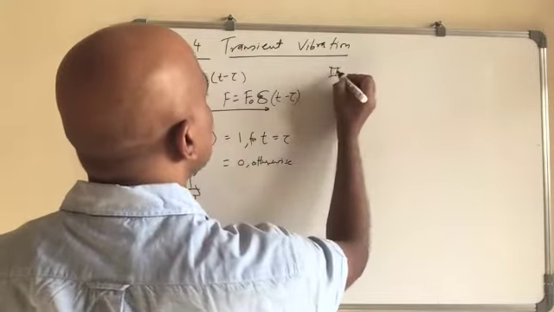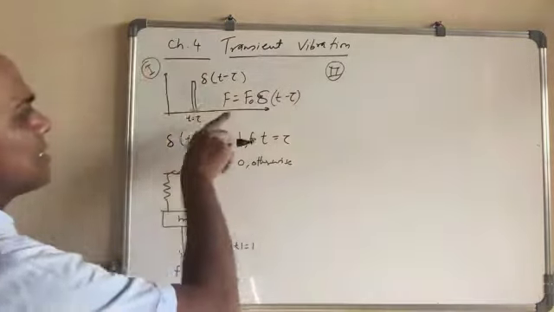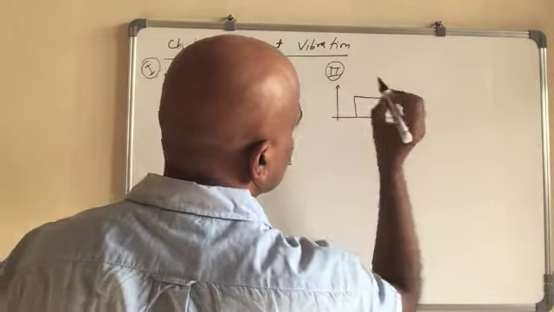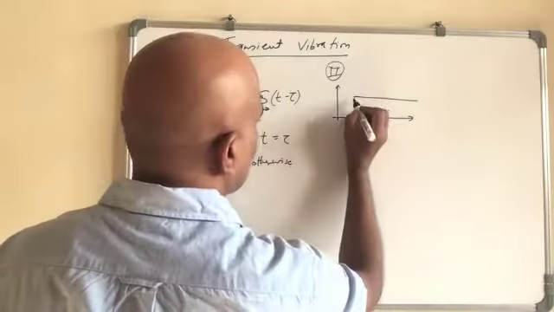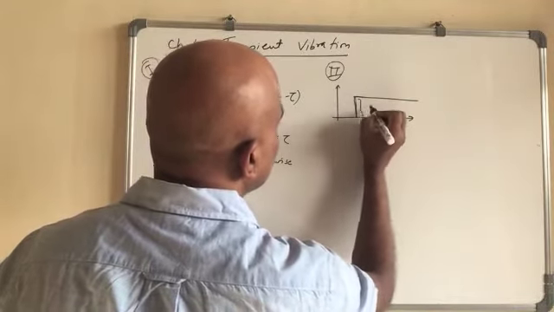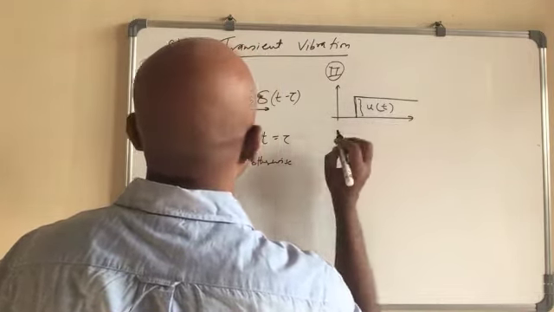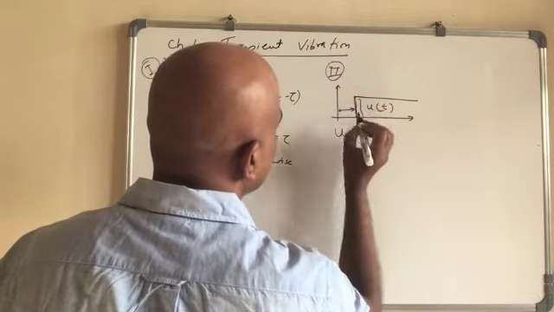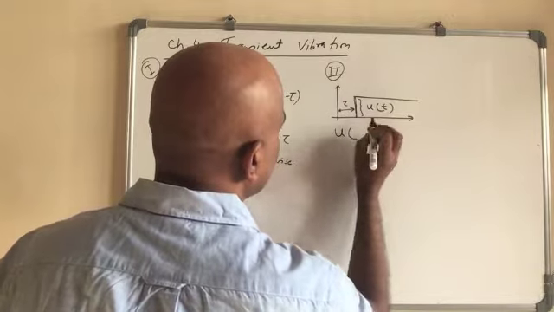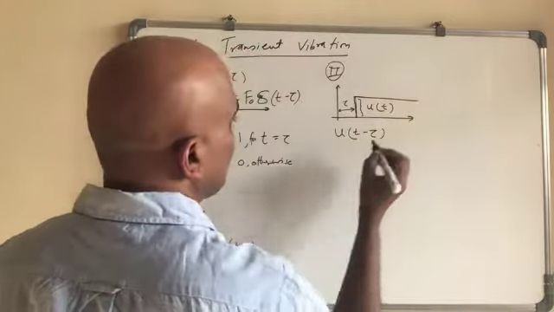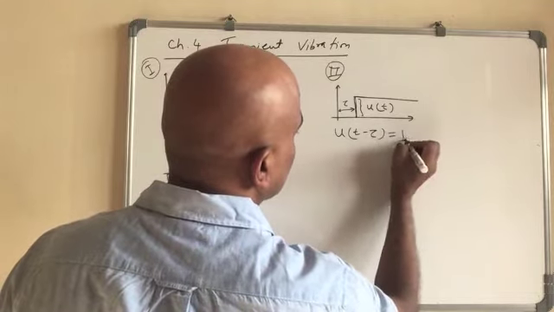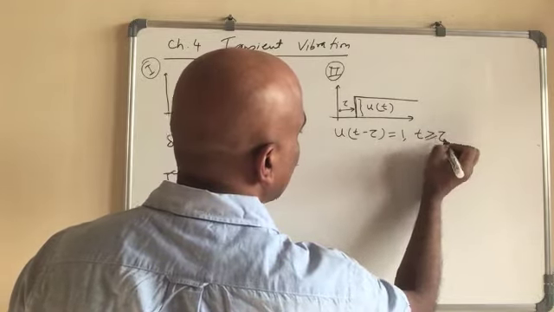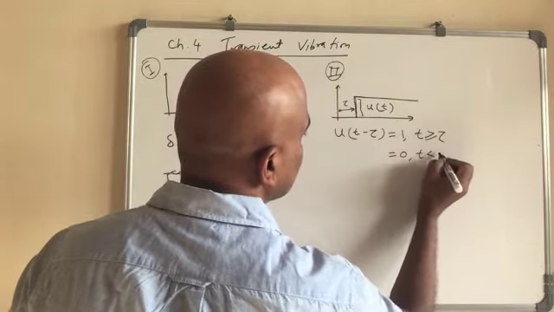Now case 2 could be a unit step function, a step input. When you say u(t), if it starts from tau, you can also write u(t minus tau), which equals 1 for t greater than or equal to tau, and equals 0 for t less than tau.